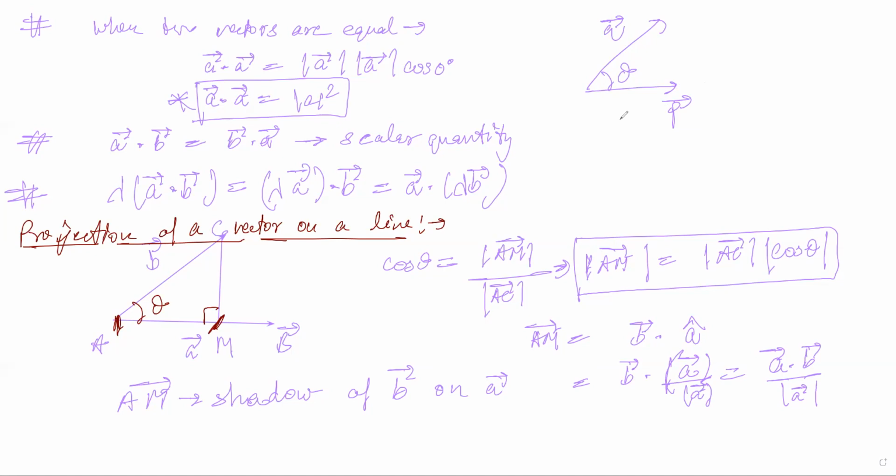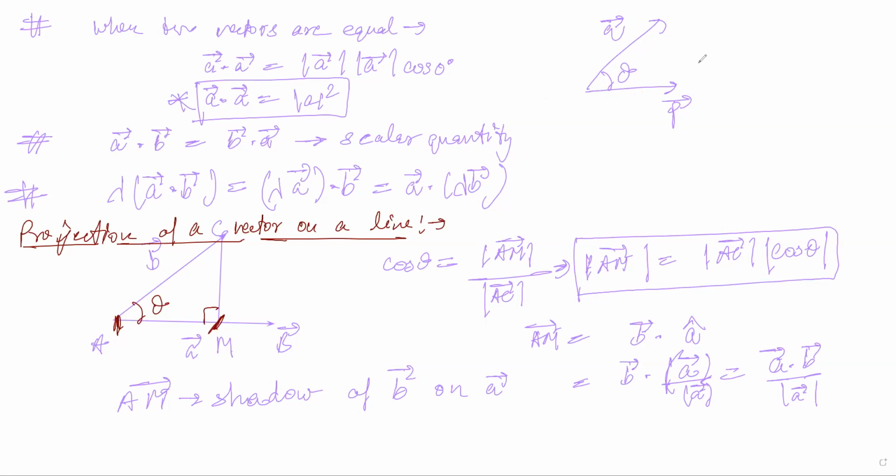And if theta is equal to 0, if you are finding out the projection of a vector on itself, and in case of theta equal to pi also, the projection will be itself. Because the projection, that is the shadow of the same vector on the same vector, is the same vector.